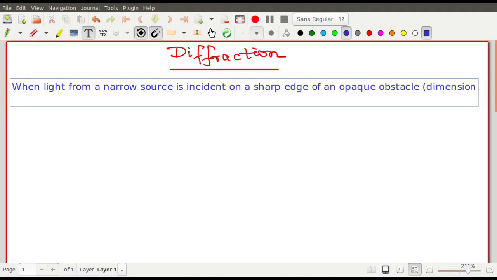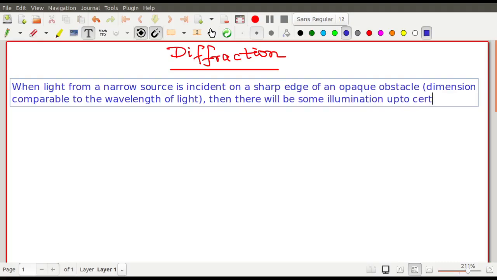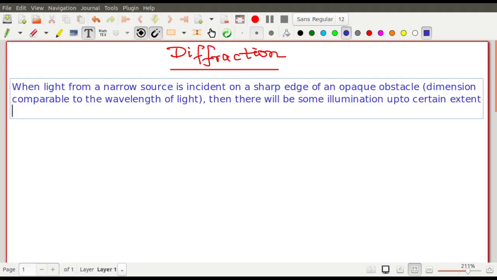with dimension comparable to the wavelength of light, then there will be some illumination up to a certain extent in the geometrical shadow of the obstacle.